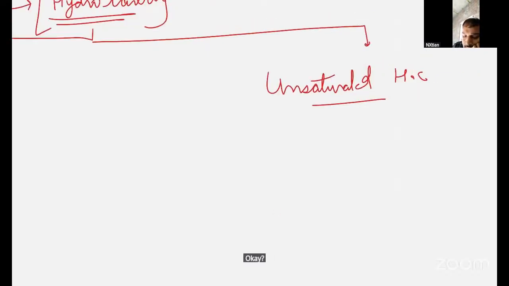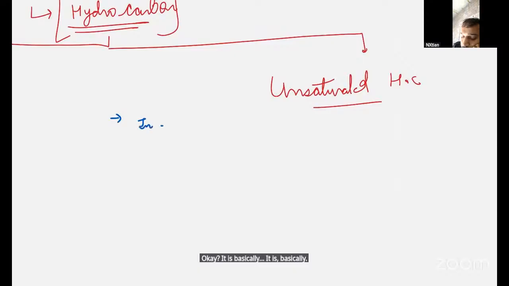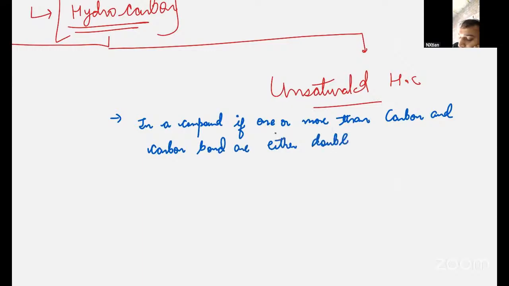Now, unsaturated hydrocarbon, it is basically in a compound, if one or more than one carbon and carbon bond are either double or triple, then it is called as unsaturated hydrocarbon.